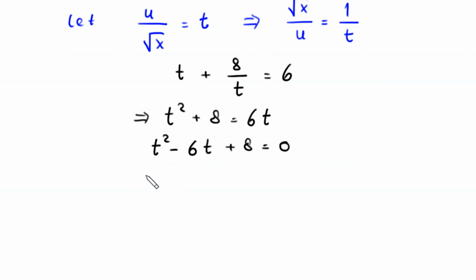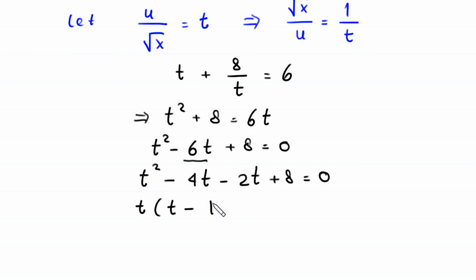We write t squared, and we break negative 6t into two terms: negative 4t minus 2t, plus 8 equal to 0. From these two terms we can factor out t, in brackets left t minus 4, and from these two terms we can factor out negative 2, in brackets left t minus 4, equal to 0.